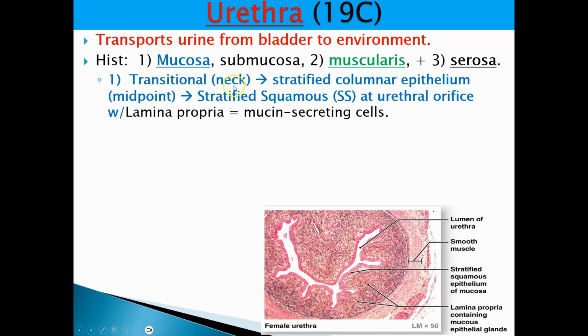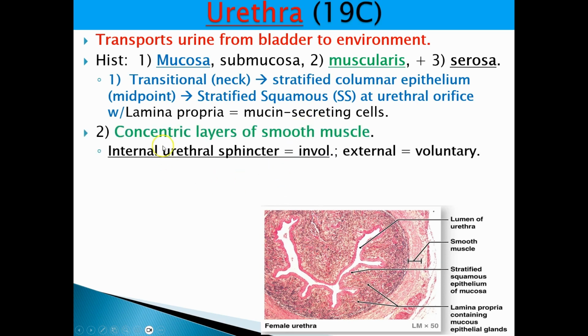It's transitional epithelium early on in the neck region of the urethra, and that slowly shifts to stratified columnar at the midpoint, and then it eventually becomes stratified squamous at the urethral orifice. Okay, and we still have the lamina propria on there, and we know that it's a lot denser in this region here.